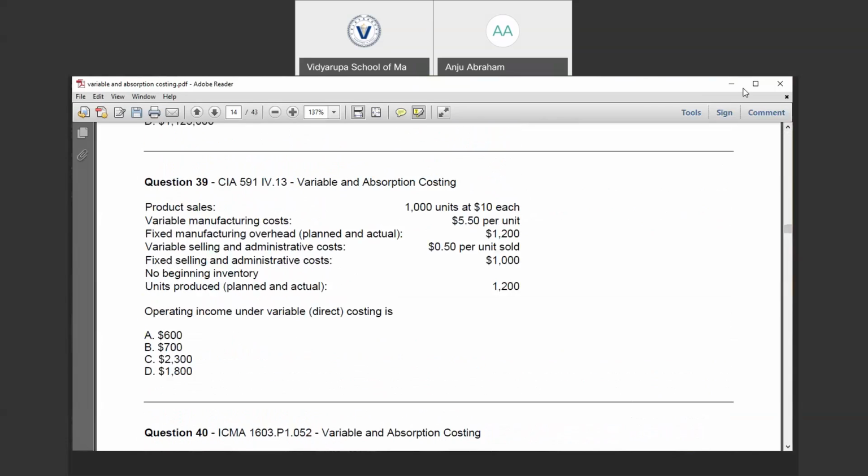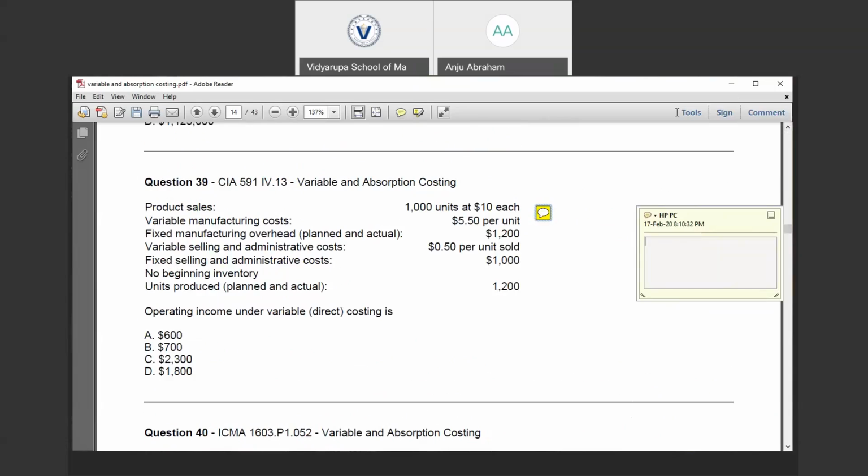So let's move forward to the next question, question number 39. Product sales. So what is the question? Operating income under variable costing is. You need to compute the operating income under variable costing. We have provided product sales, variable manufacturing cost, fixed manufacturing overhead, variable selling and administrative cost, fixed selling and administrative cost.